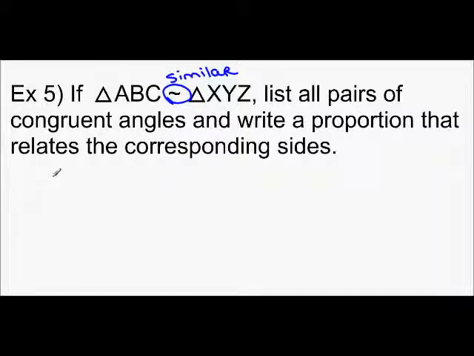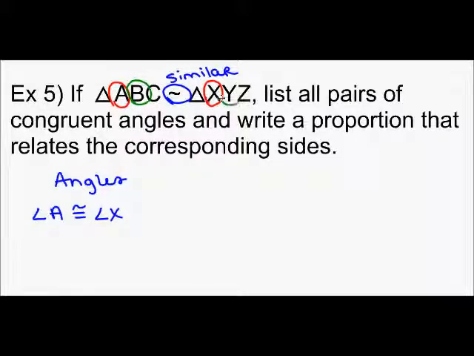So let's look at our angles. I'm going to start in the front. Angle A is going to be congruent to angle X. They both appear first in that similarity statement. So angle A is congruent to angle X. Who comes second?